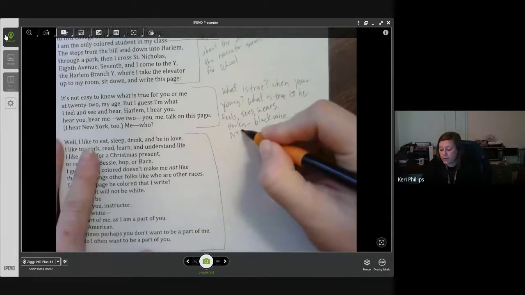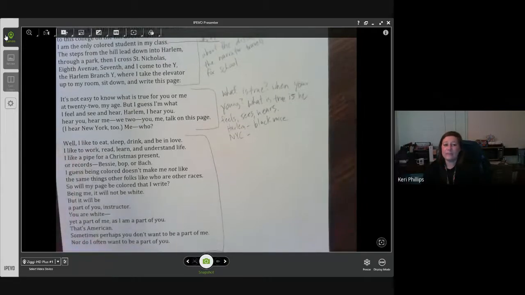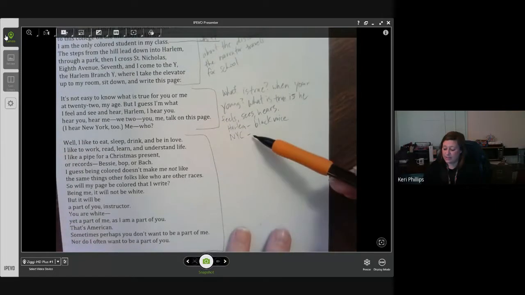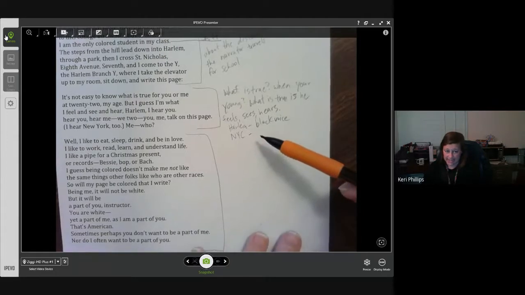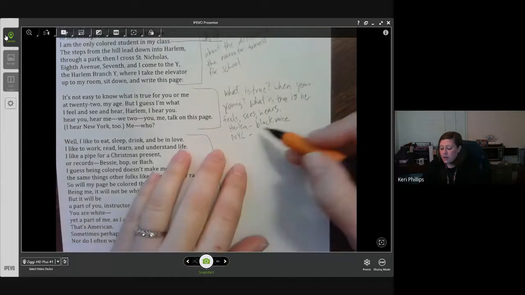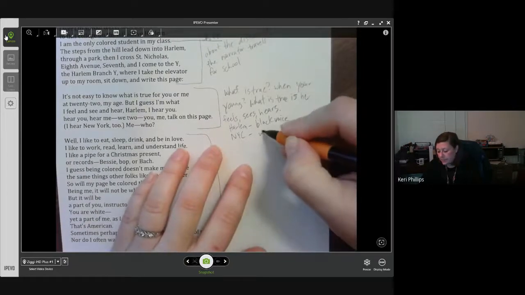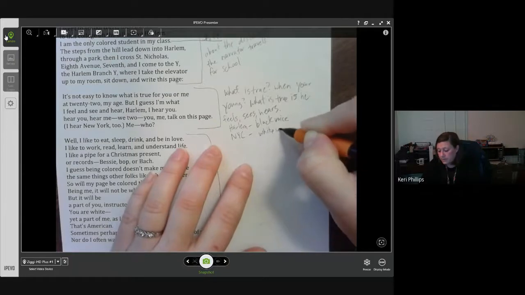And so for contrast, what would New York be? I hear you too, New York. Harlem is in New York City, I think, and it's part of the city, but it's just one area. So if Harlem is the Black voice and we're dealing with black and white with contrast, this is probably the white voice.